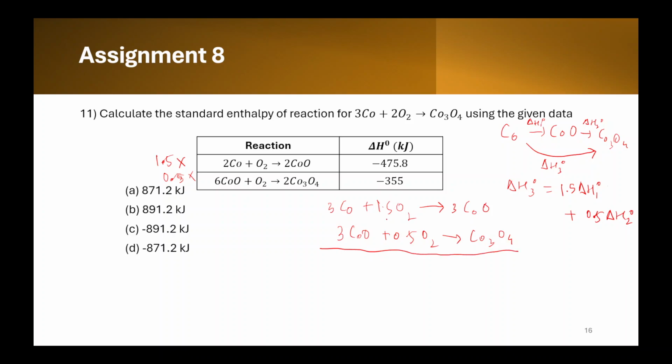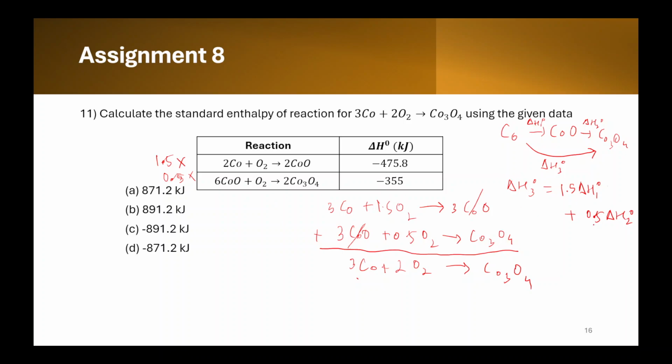So 3Co we are getting here, so we write and we add this. So 3Co and 3Co on both the sides, so it will get cancelled. And 1.5 O2 plus 0.5 O2 will be 2 O2, giving us product on this side Co3O4. So this is the resultant.